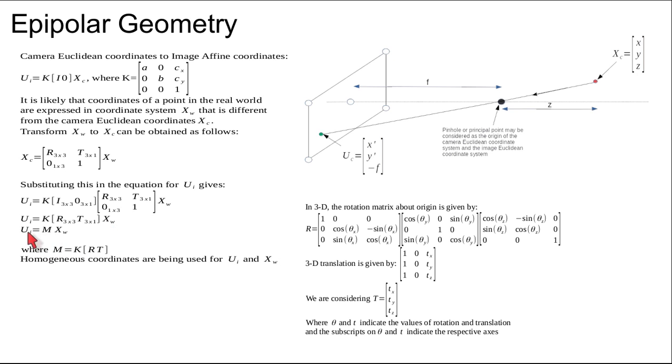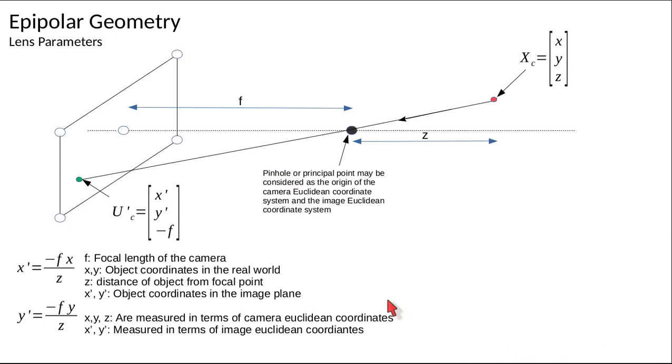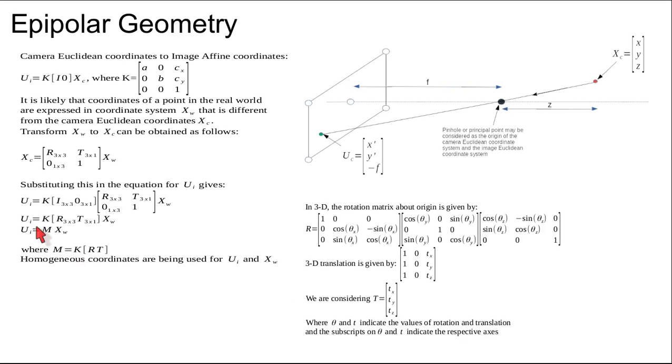And this can be expressed as ui is equal to m xw, where m is equal to K [R T]. Thus, we have derived this matrix, which allows us to convert from the world coordinate systems into the image affine coordinate system. In this expression, it is shown as h, and here we have derived it as m.